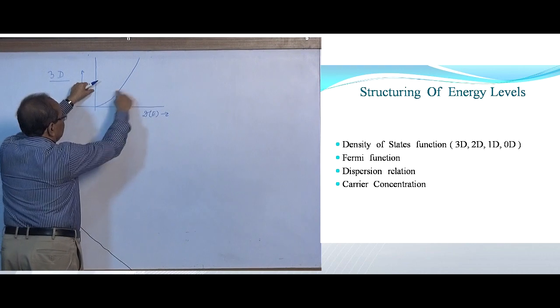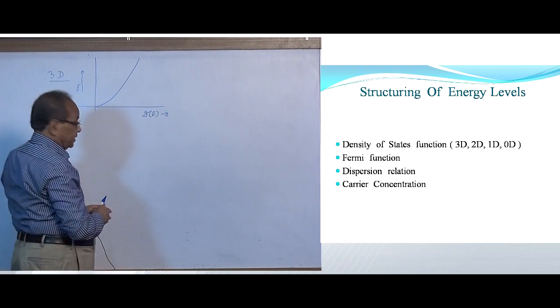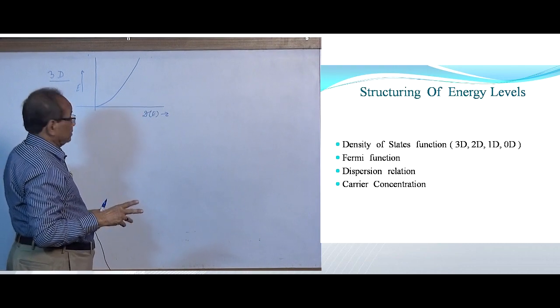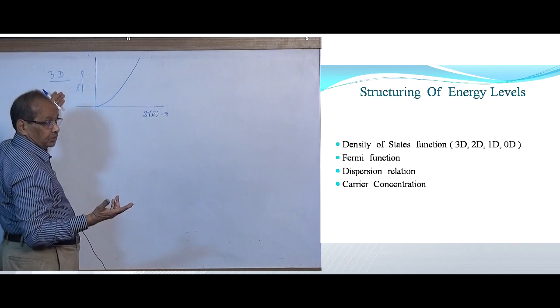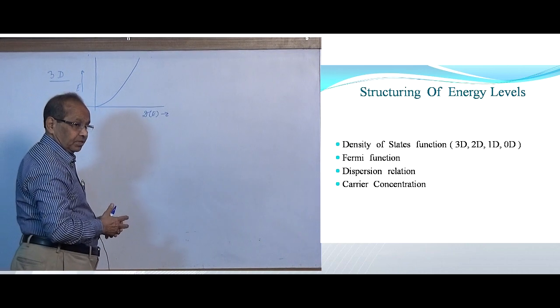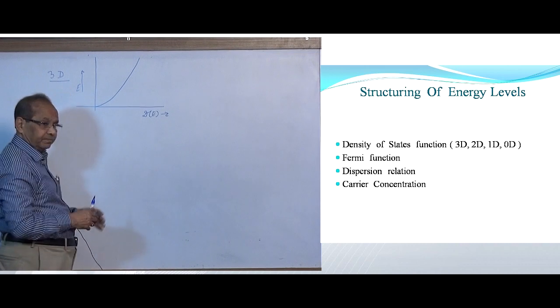For this, this is, and so on. So, it is continuous values, it is a continuum in 3D. In 3D, that means there is no restriction in the movement of the electrons or the holes, I mean the carriers. It can move freely in all the directions under zero force, I mean potential energy 0.